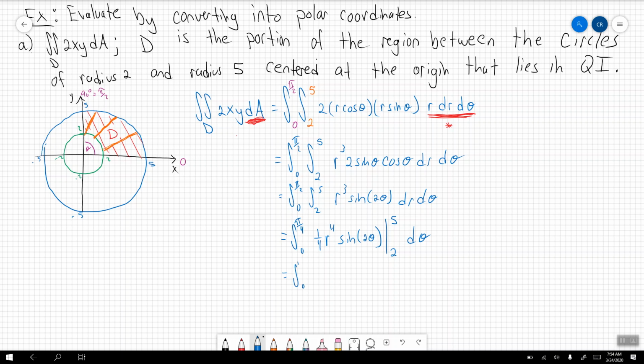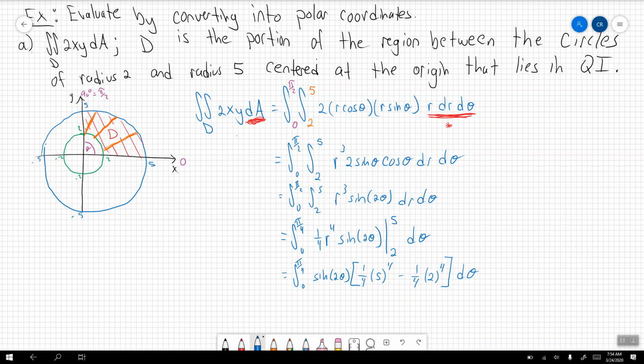So this is going to be 0 to pi fourths, and now this is going to be sine of 2 theta multiplied by 1/4 multiplied by 5 to the 4th minus 1/4 multiplied by 2 to the 4th. And this is all still with respect to theta. Doing some quick calculations, we get 5 to the 4th, which is 625, divided by 4.